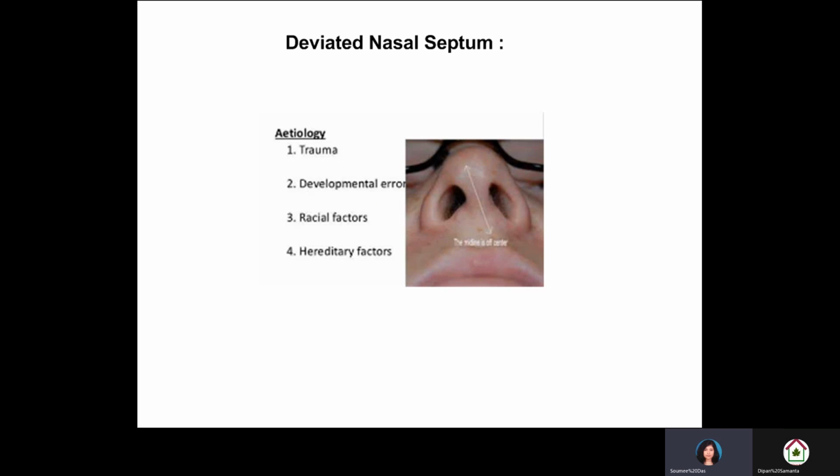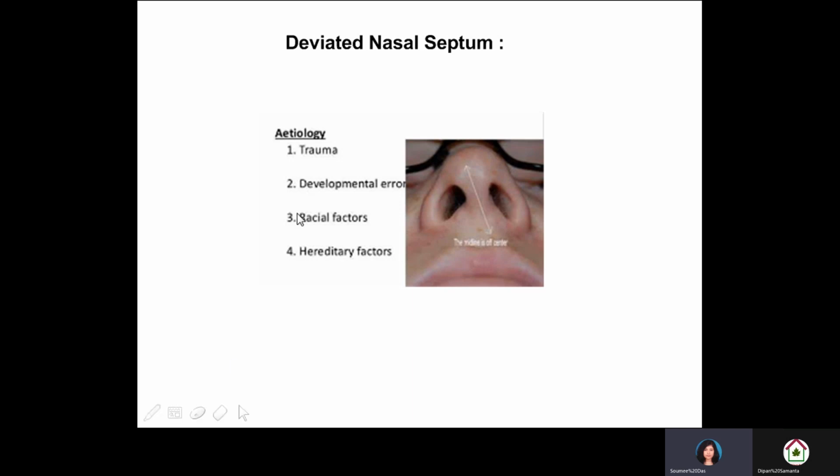Though it is usually a very mild malformation without any anatomical or physiological dysfunction, if the degree of deviation is more, it leads to restriction of the airway, so less air would be inhaled and exhaled through the nose.